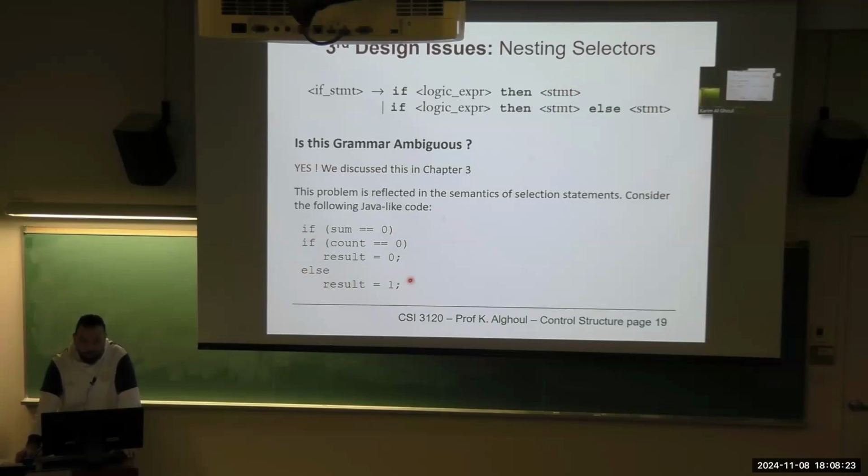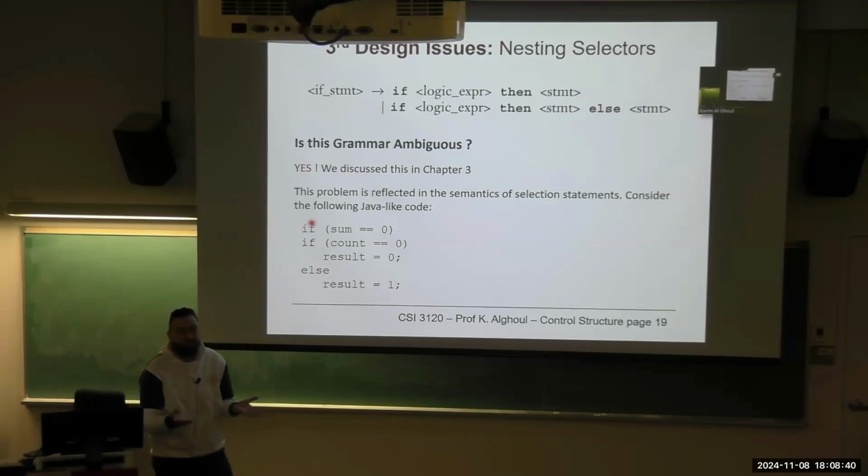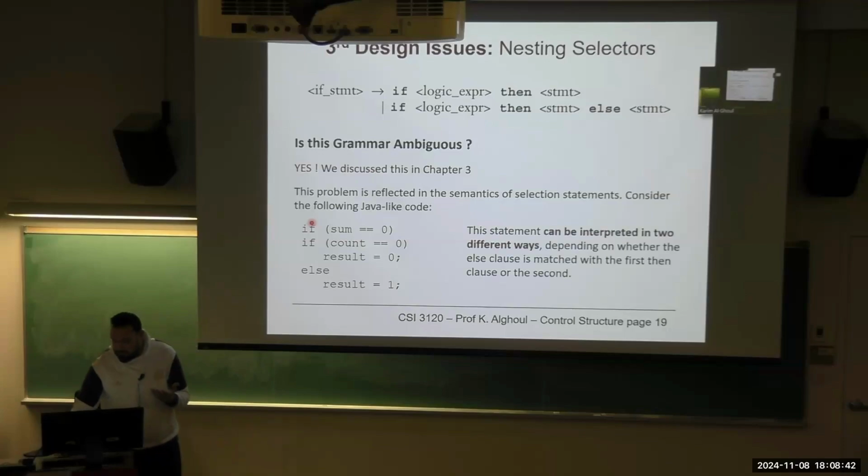In this case, this else will be for this inner if. But if I go to the second one, it has if, then, else. This is my if, this is my statement, and then this is my else. So this else now is for the first one. So it can be interpreted in two different ways.